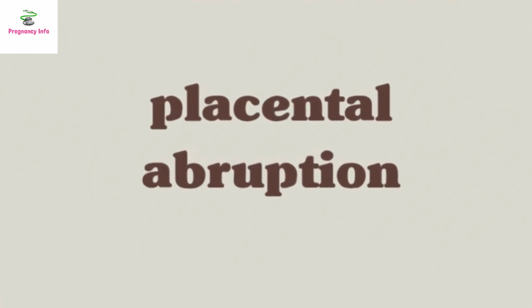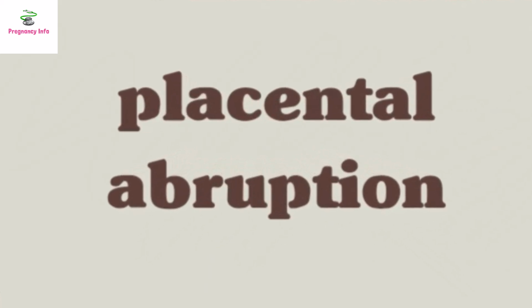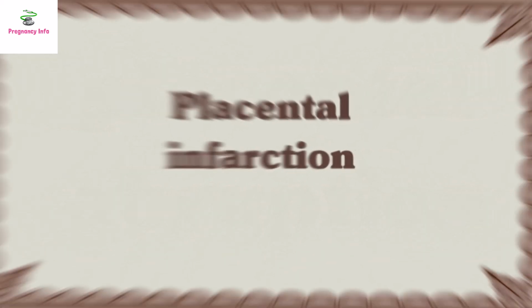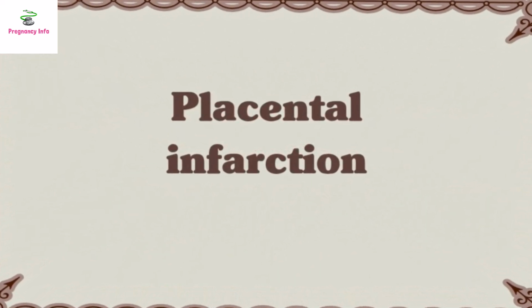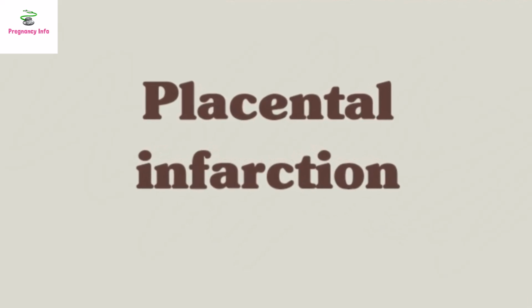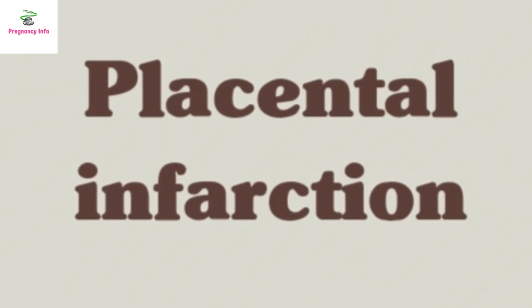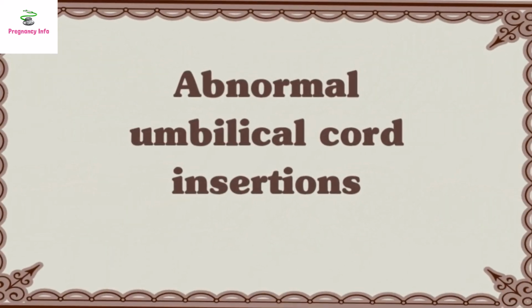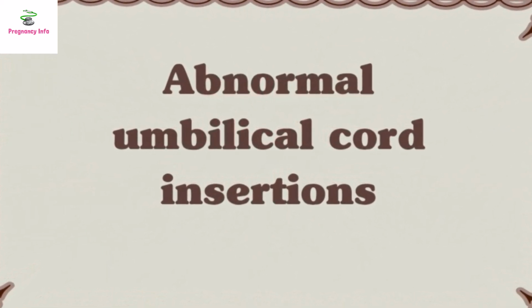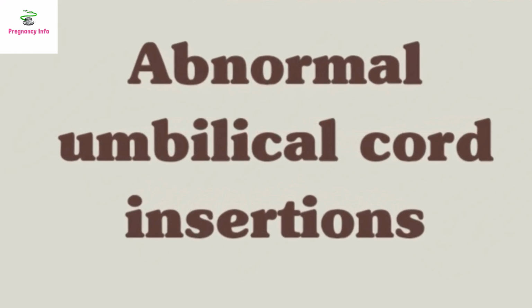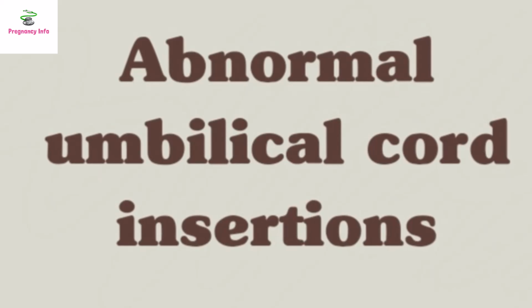This is the premature separation of the placenta from the uterus, which disrupts blood flow and nutrients to the baby. Placental infarction. This refers to the stoppage of blood flow in a portion of the placenta, which can deprive the fetus of necessary growth factors. Abnormal umbilical cord insertions. The placement of the umbilical cord can affect nutrient and oxygen delivery to the fetus.